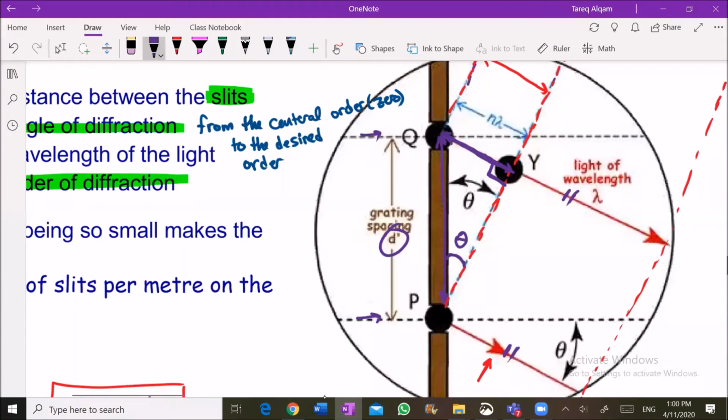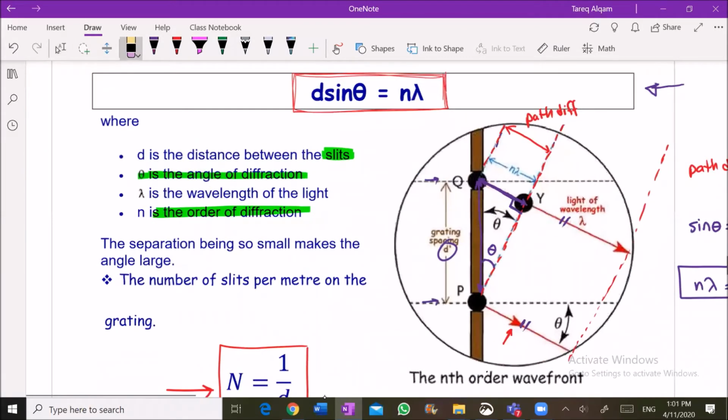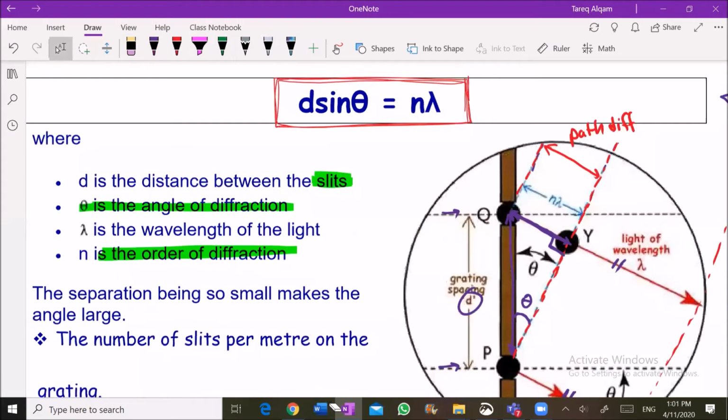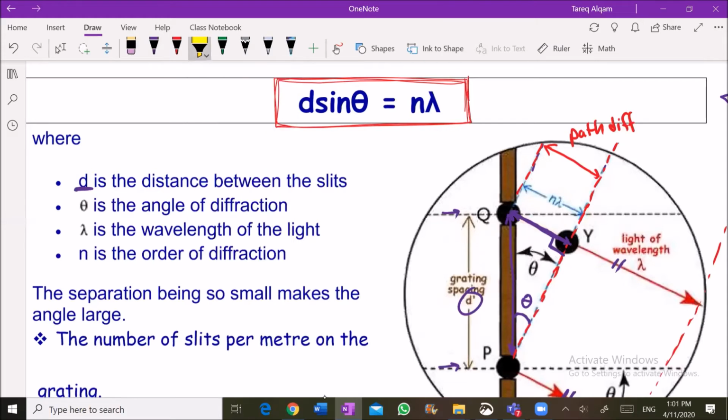What is d? Guys, d is the separation between slits. Theta is the angle of diffraction.